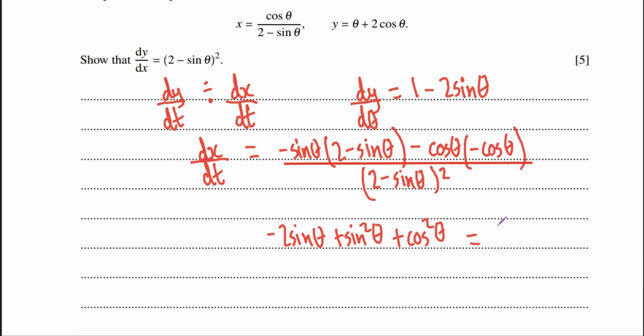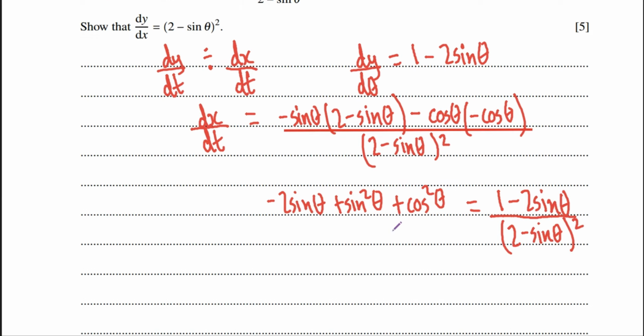So you have 1 minus 2 sine theta in the numerator, and that's divided by (2 minus sine theta) all squared. So all of this is dx by d theta.